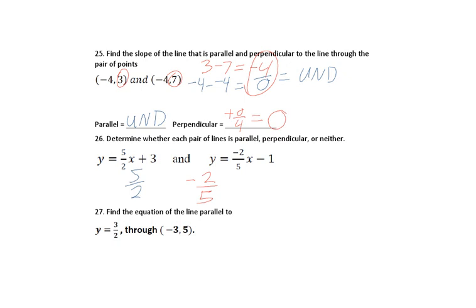It's not parallel because parallel means the slopes have to be exactly the same, and the answers are not exactly the same. But notice this. They have different signs. They're flipped over one another. 5 over 2 against 2 over 5. That is the definition of perpendicular.